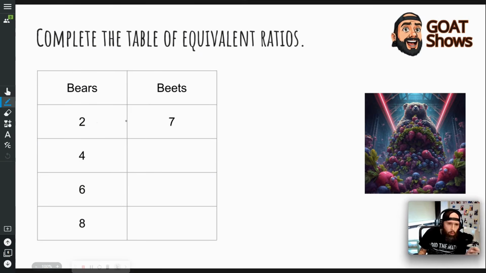I have 2 to 7, bears and beets, and I'm going to fill out this table using the same ratio, 2 to 7. I ask myself, how can I turn that 2 into 4? If I multiply 2 by 2, I get 4. So if I multiply 7 by 2, I get 14.